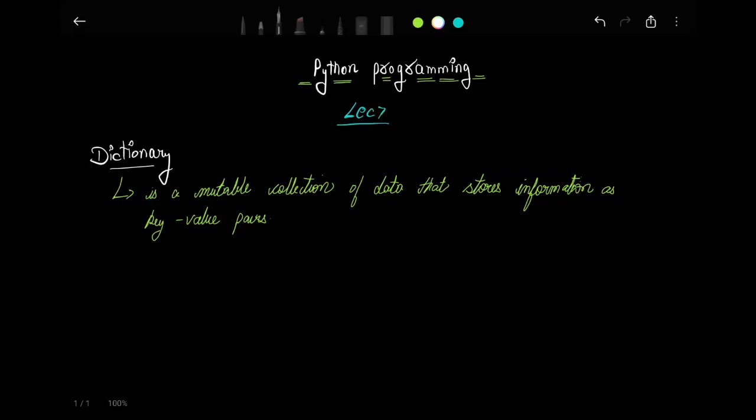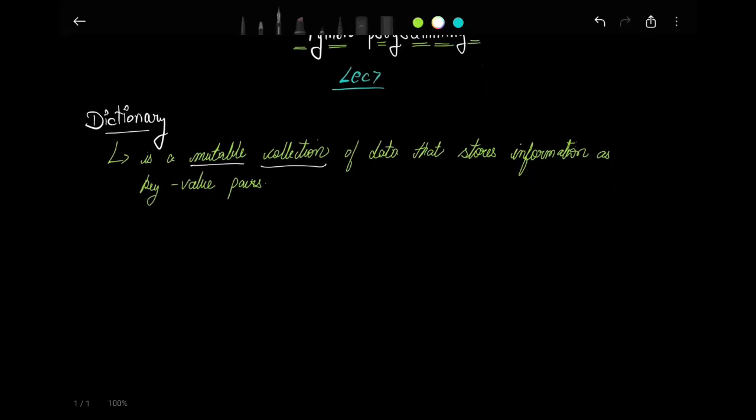A dictionary can store multiple pieces of information together. Mutable means we can add a new key value pair, or we can update existing values, or we can remove key value pairs.